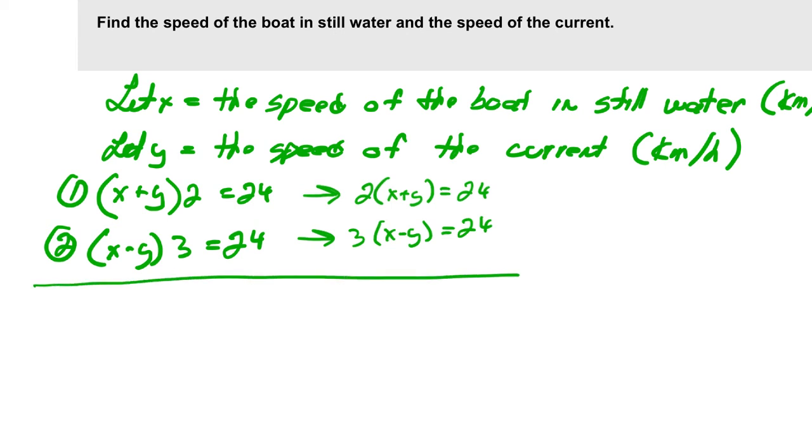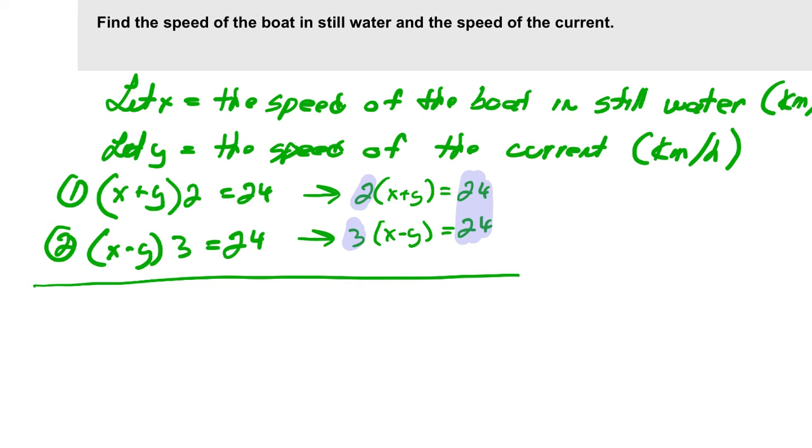And now instinctively you're going to want to expand and simplify, and you can do that and it'll work beautifully. But I can tell you, if you look at these numbers here, you can also see that 2 and 3 both go into 24. So you can scale up an equation. You can also scale down an equation.